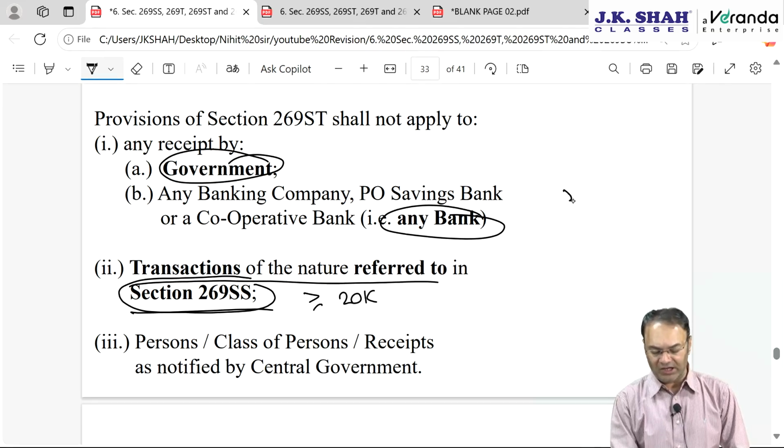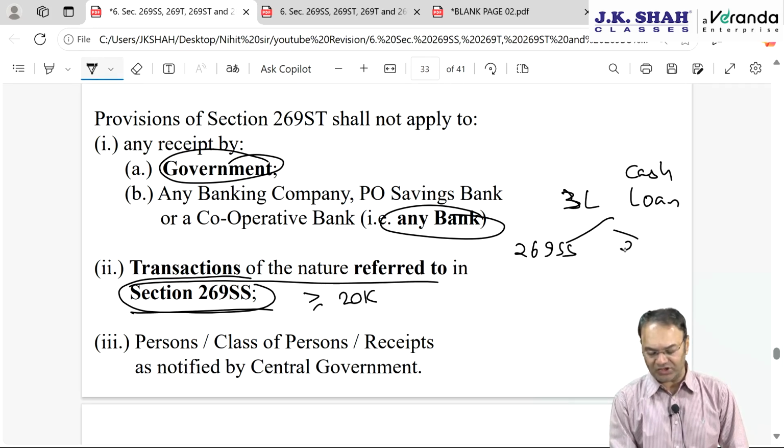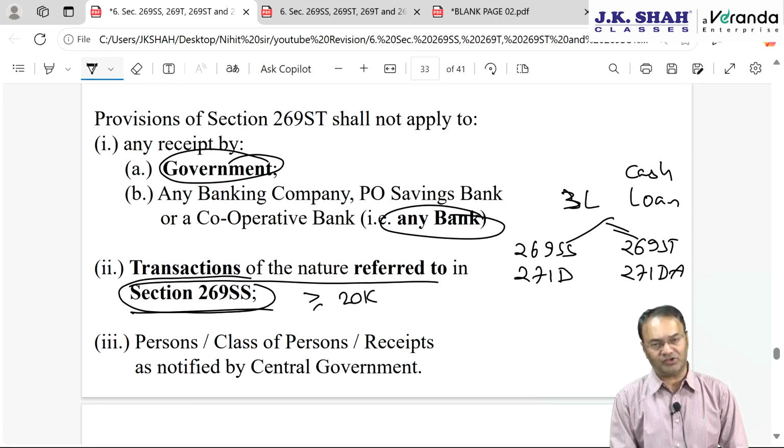So if I take 3 lakh rupees as a loan from somebody in cash, then it will result in a violation of 269SS also and 269ST also. I cannot be charged penalty under both sections, 271D also and 271DA also. That would be double penalty for the same transaction.